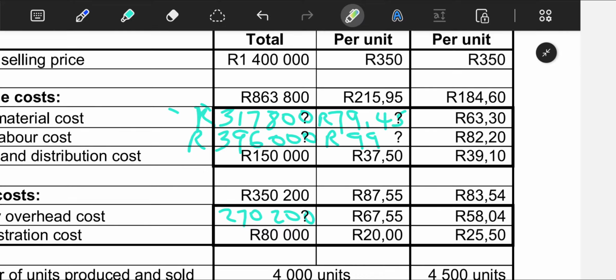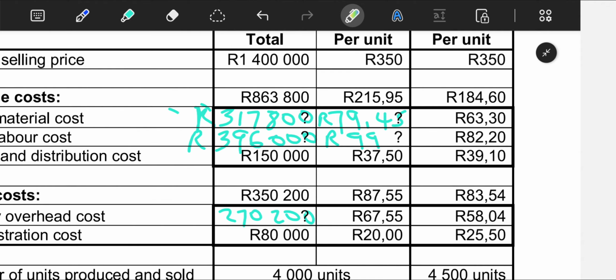So what can you say as advice? You can say they can train their staff to avoid waste, because now if it has increased, chances are that the 600 and something units that we calculated for the waste might have contributed to that.